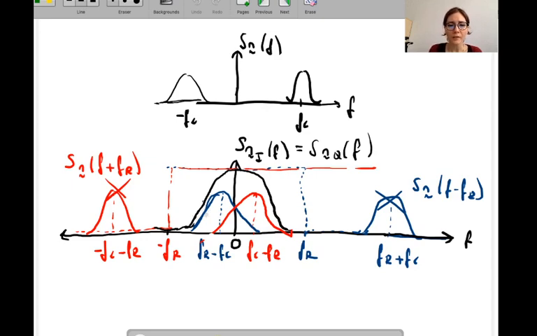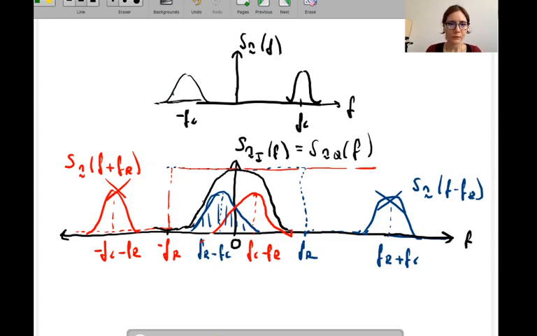But then the area under the blue curve plus the area under the red curve, what is it equal to? It's equal to the area under the whole power spectral density of N of f, right? Why? This blue part comes from this blue shaded area. This one is obtained by shifting the spectrum to the right.